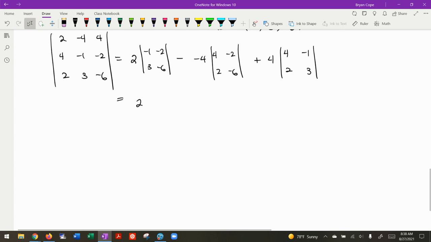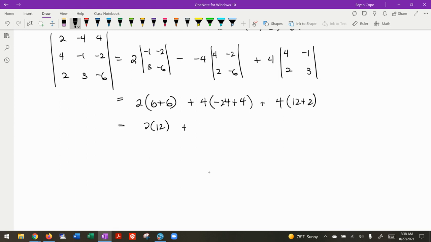So we have 2 times 6 plus 6, plus 4 times -24 plus 4, plus 4 times 12 plus 2. So 2 times 12 plus 4 times -20.